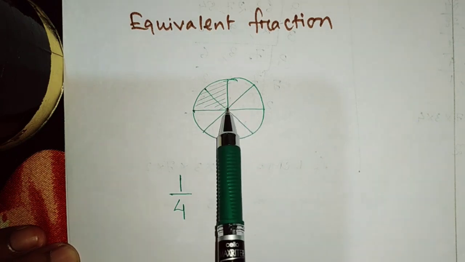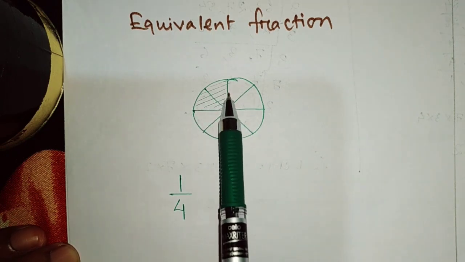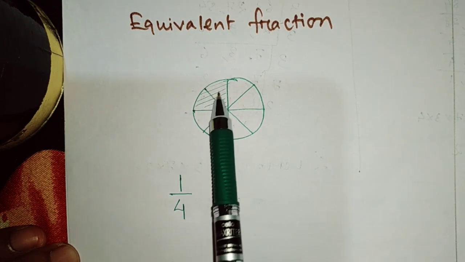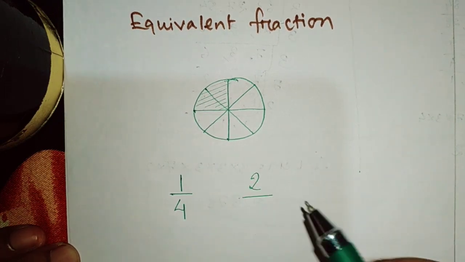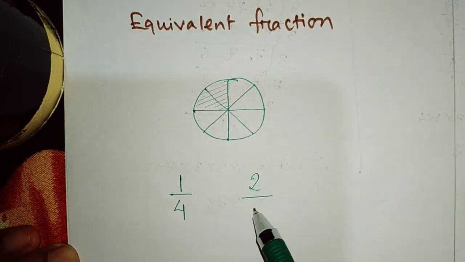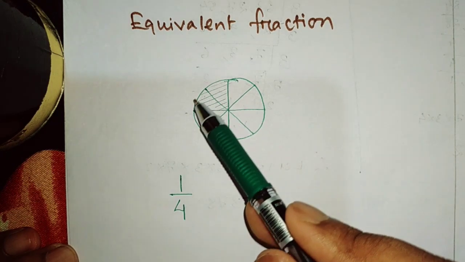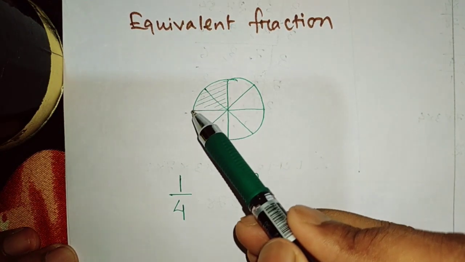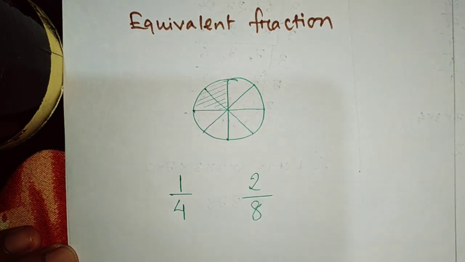But now out of these 8 parts, what is the fraction of pizza that I have eaten? 2. 2 out of how much? Total number is 8. Now whether I take 1 by 4 it was this much, and 2 by 8 is also this much.